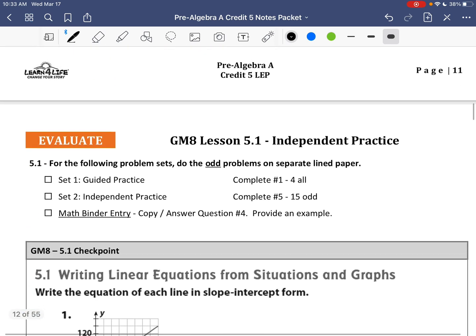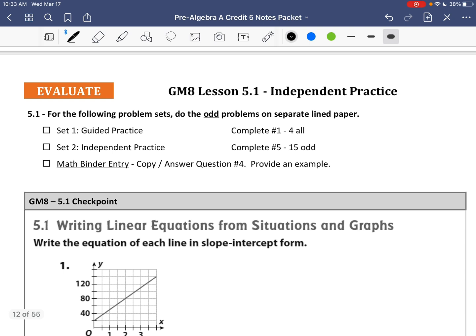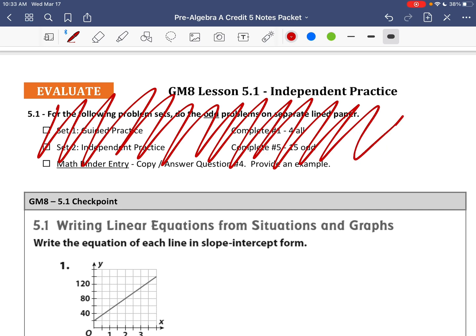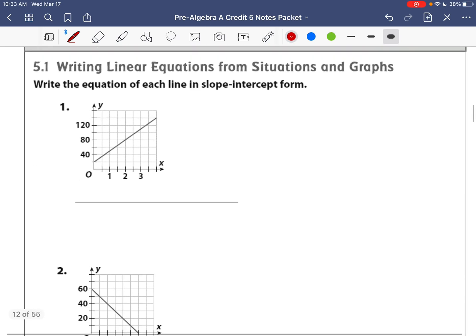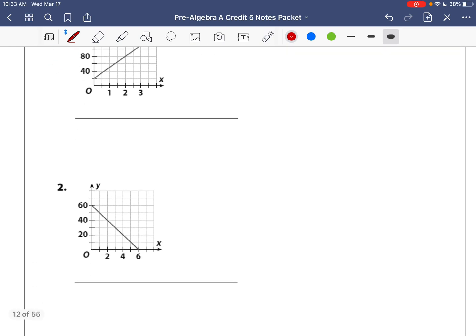Okay, class, so that completes lesson 5.1. Remember that we are not going to cover the homework. We do not need to do this section because you guys don't have a textbook. So I'm crossing out this section. All you need to do is the 5.1 checkpoint. On your assignment packet, you're going to do question 1, and then question 2.